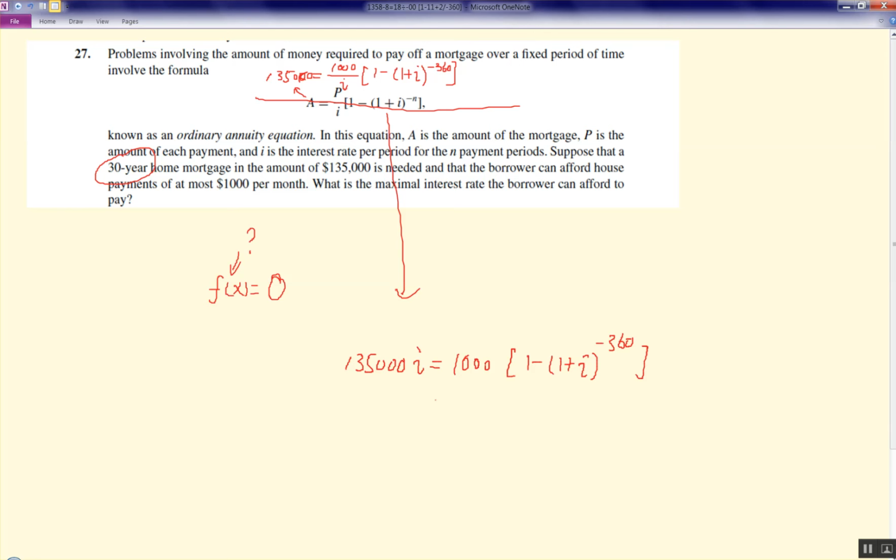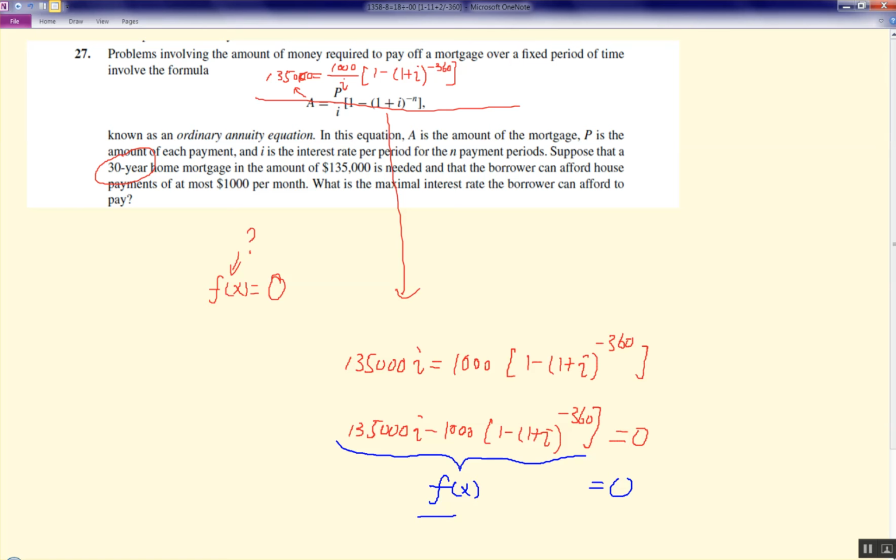Then I continue to convert this to a root finding problem. So maybe I can write that as 135,000 i minus 1,000 times (1 minus (1 plus i) raised to power negative 360) equals 0. Do you see that now I have f of x equals 0? This is the root finding problem.